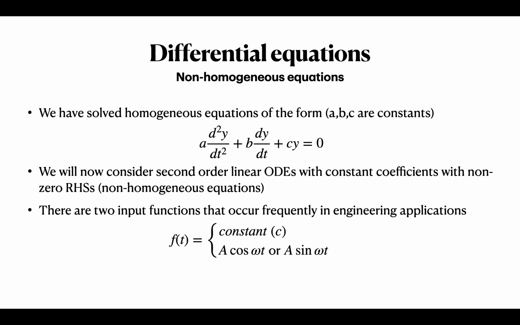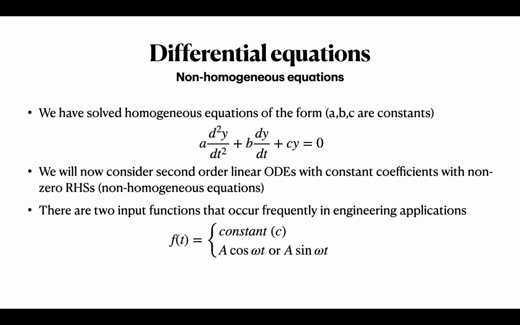Or we have what's called a sinusoidal input, and that means a wave input, and the wave can be either a cos wave or a sine wave. A is a constant, and omega, the angular frequency, is a constant. A is called the amplitude of the wave, and omega is the angular frequency of the wave. So we're going to look at both of these. These are the two inputs that are most common in engineering.